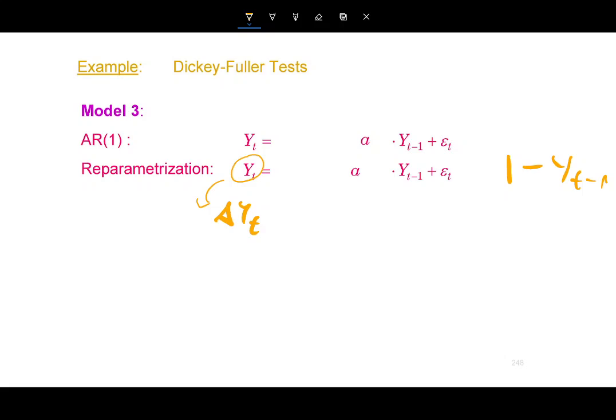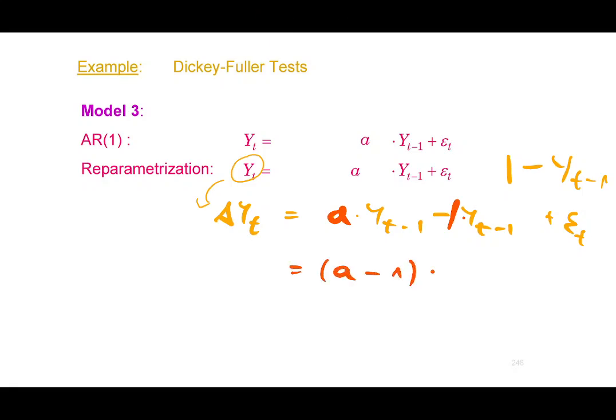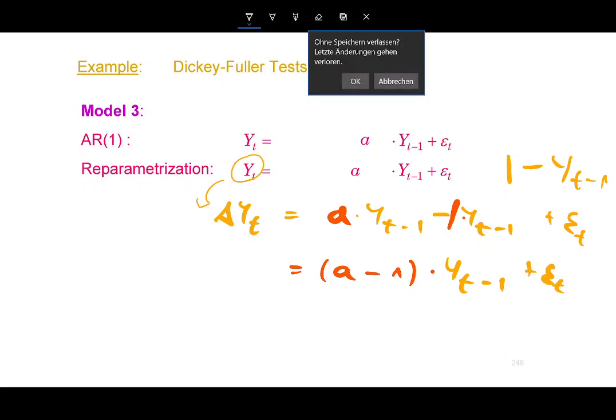But if you do that, you have, in this case, a times y_{t-1} minus y_{t-1} plus the noise. Then you have a times y_{t-1} minus 1 times y_{t-1}, yielding (a minus 1) times y_{t-1} plus the noise. That's what it becomes, and that is a structure I'm keeping here.